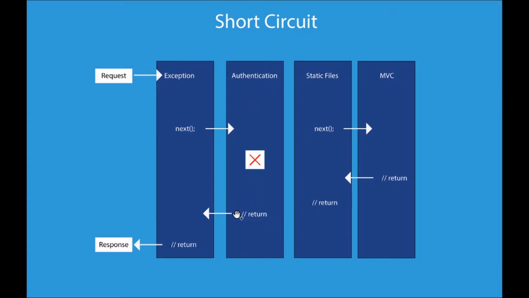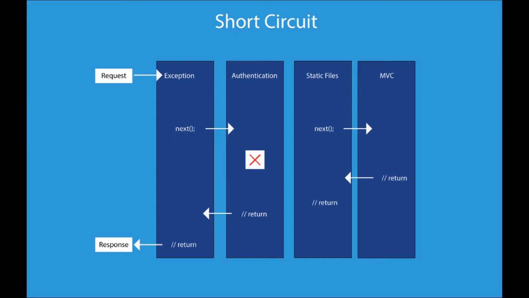It is returned from the authentication middleware itself. This is known as short circuit. This is a terminology used in .NET MVC. So I just explained this to you. We'll see all these things, don't worry about it. So this is a simple explanation of what a short circuit is. Yeah, that's it. That was all the theory.